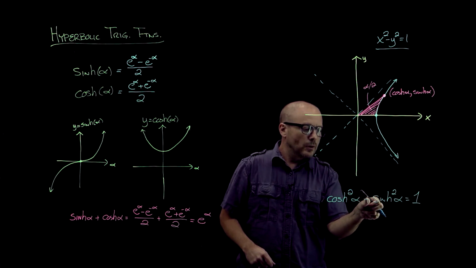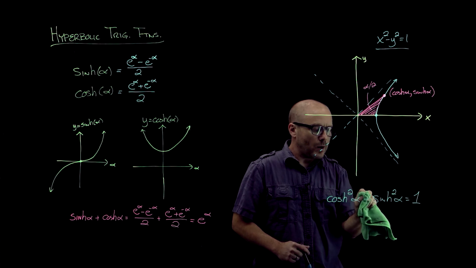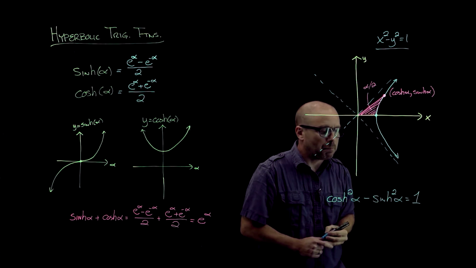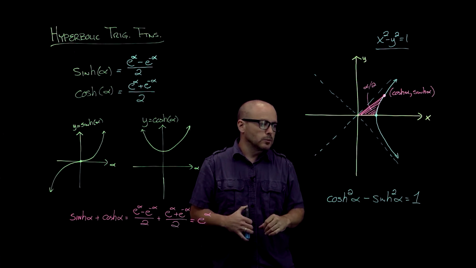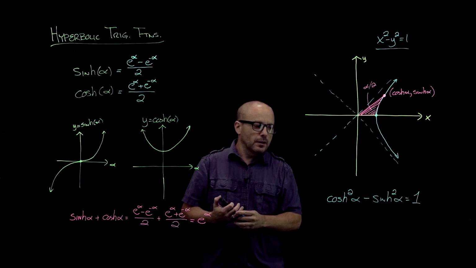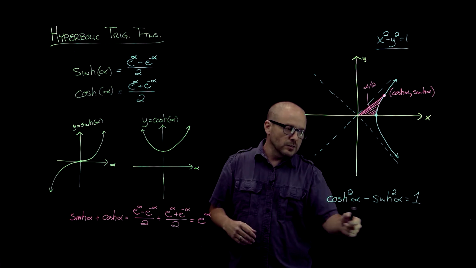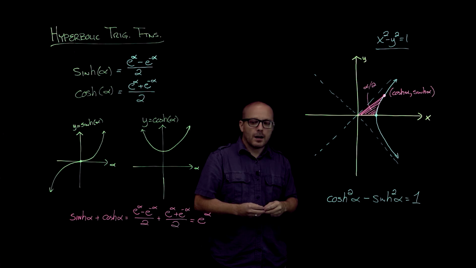X squared minus y squared equals 1 on a hyperbola. So hyperbolic cosine squared minus hyperbolic sine squared equals 1. We have a lot of identities for hyperbolic trig functions, but probably the one that's most obvious is the one that comes right out of that definition.